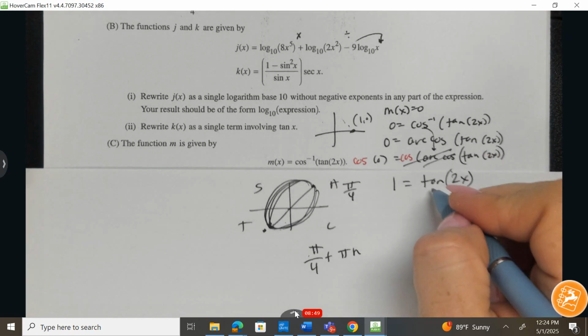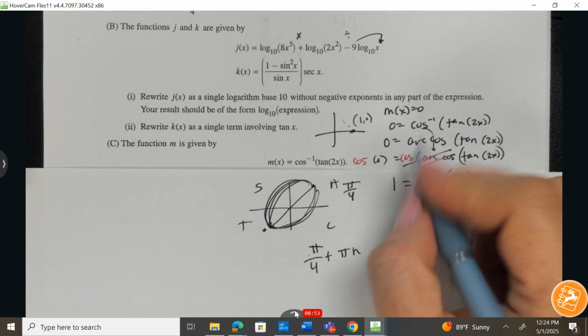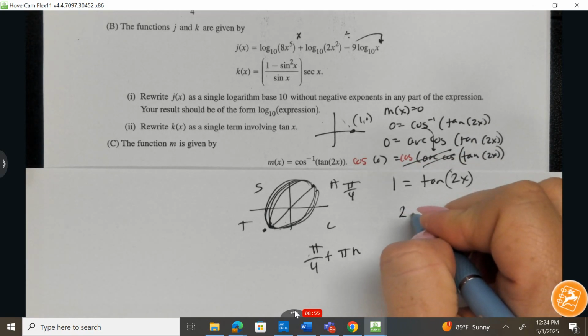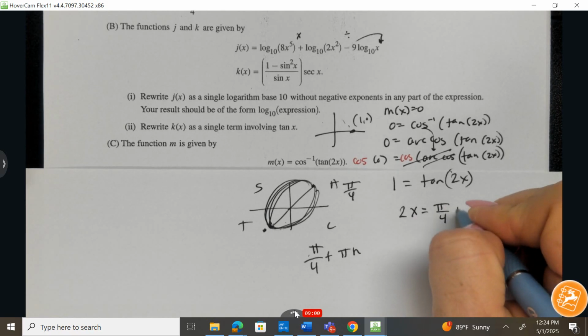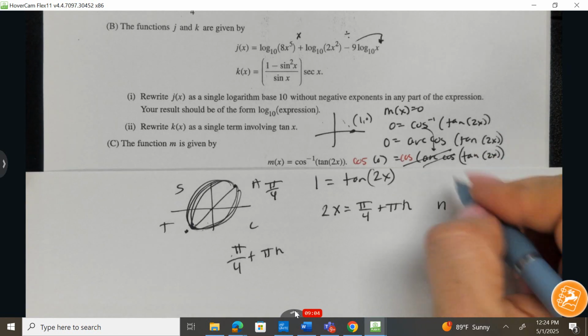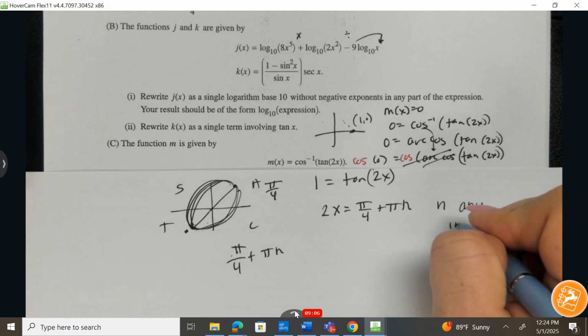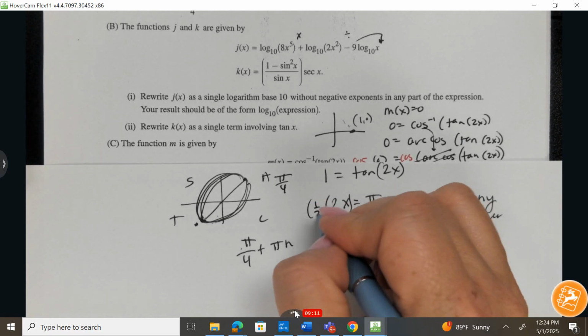So I have 2x equals pi over 4 plus pi times n, where n is going to be any integer. But then I have to divide by 2 or multiply by 1/2.